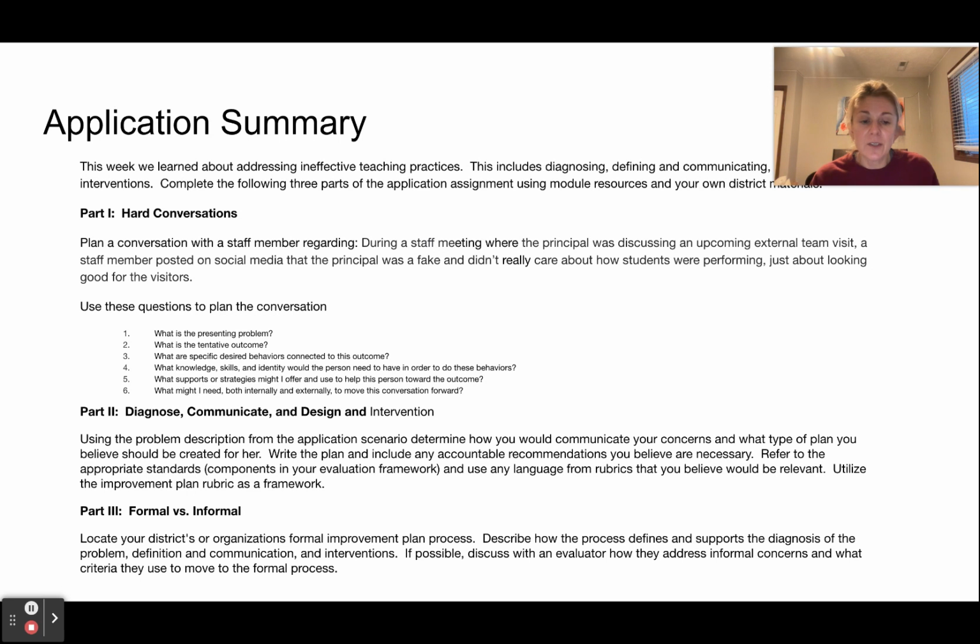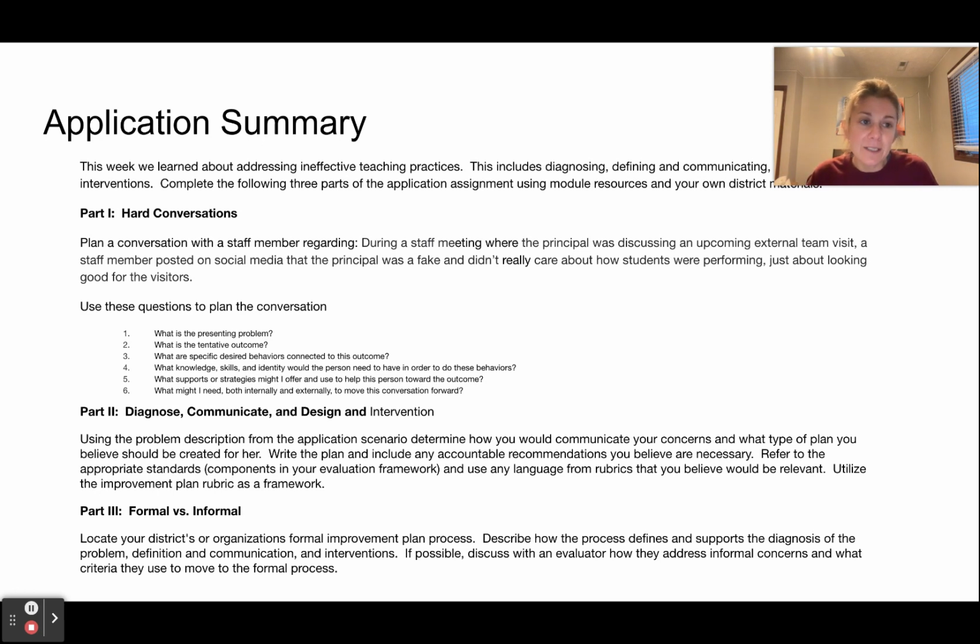So you need to describe from your district what your district prescribes as the process to support the diagnosis of the problem, definition and communication and interventions. Many districts have layered plans. It will start with a targeted improvement plan and then maybe move to something more significant. So that's what I want you to investigate.